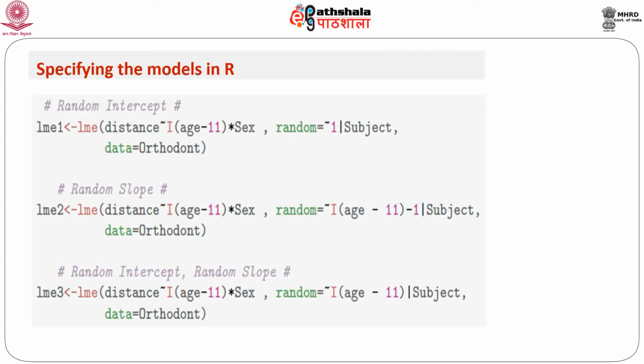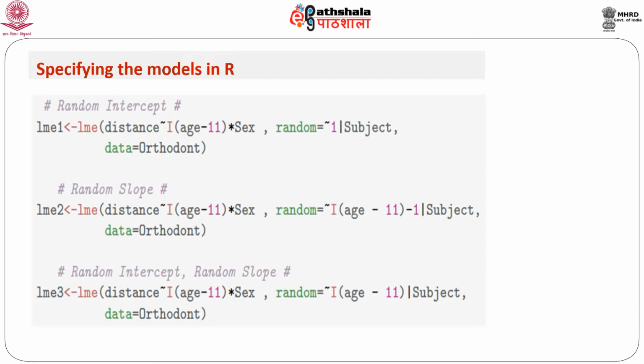So, that means we are saying that there are basically 2 growth trajectories, one trajectory for the male and one trajectory for the female, and each trajectory is linear in nature. So, we have an intercept for male, an intercept for female, a slope for male, and a slope for female.